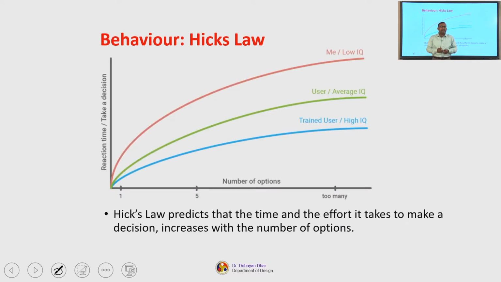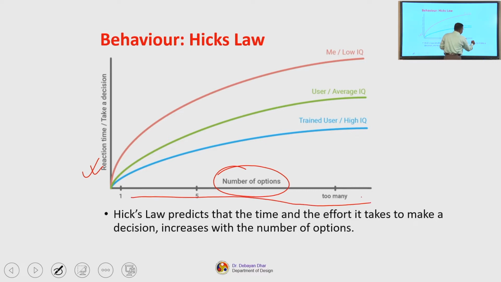Let us look at an example to understand that better. If you plot a graph between two variables, the reaction time and the number of options, along the x and y axes, you will see that as the number of options, that means the choices, increases, the reaction time (RT) also increases.